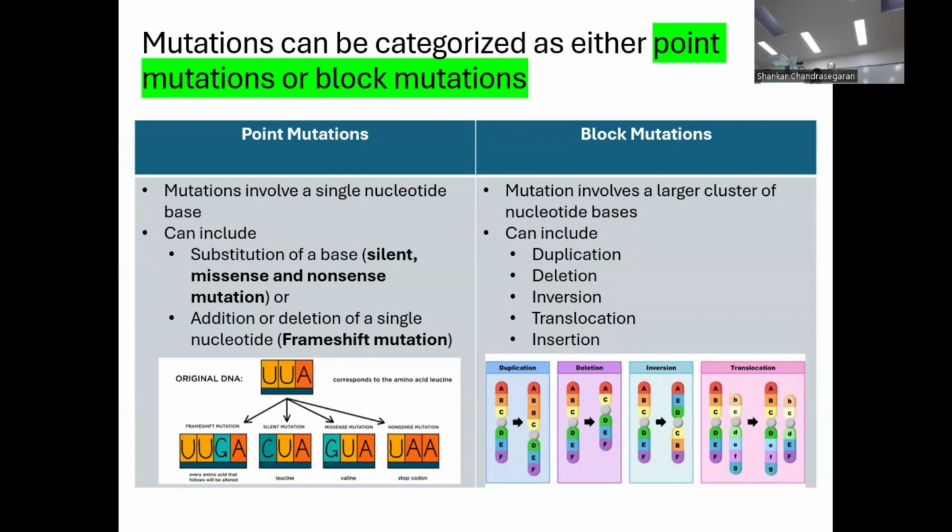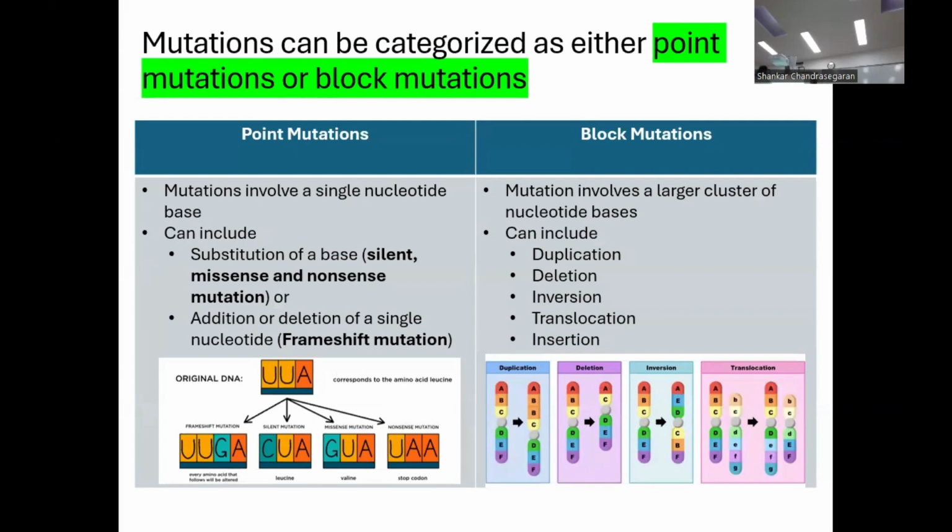One is referred to as point mutations. The other one is referred to as block mutations. And as the name refers to, one is talking about a specific point in your DNA that's going to be changed. The other one is talking about a specific block in your DNA that's going to be changed. So there is also one more type that we'll look at later on, but these two are the most common ones that you need to be able to identify.